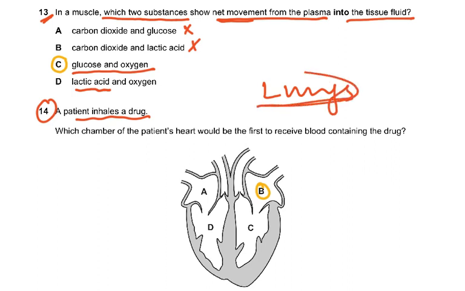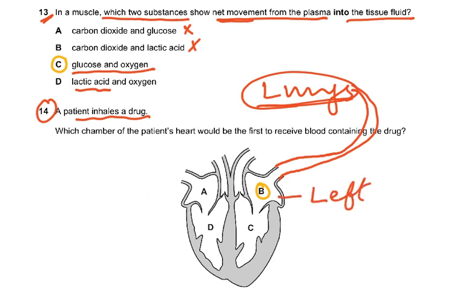Now from the lungs, the blood comes back through the pulmonary vein, and the pulmonary vein enters the left atrium. So they're just asking which chamber would be the first to receive blood containing the drug. So in the lungs, it comes to the left atrium, and this is the chamber which will receive this.